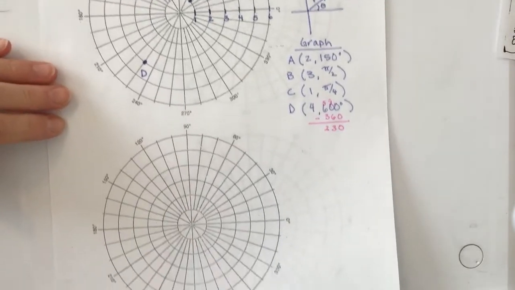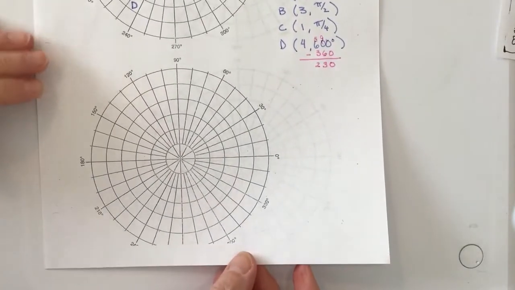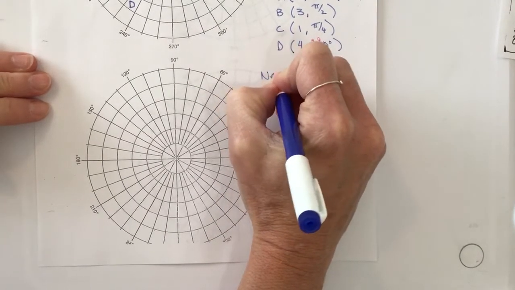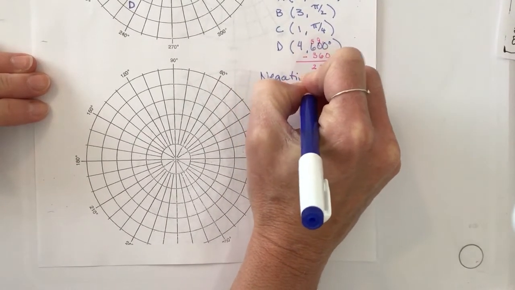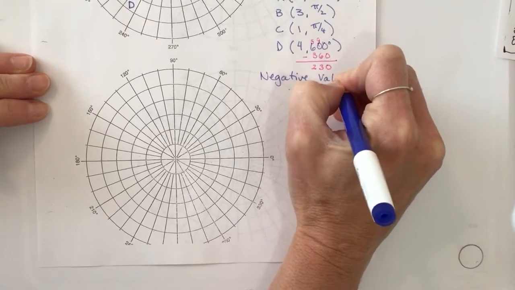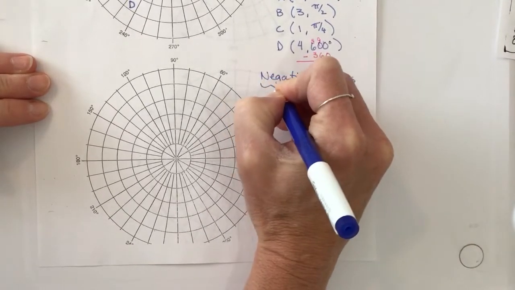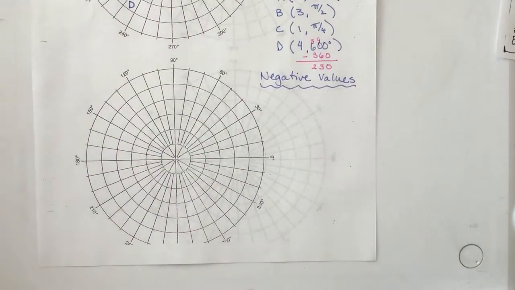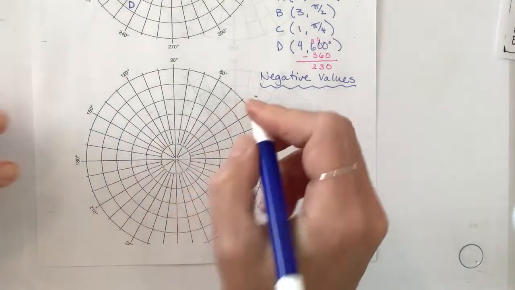A lot of times they give us negative angles. That's okay. Actually, they can give us negative angles and negative R values. So we'll talk about what that means.